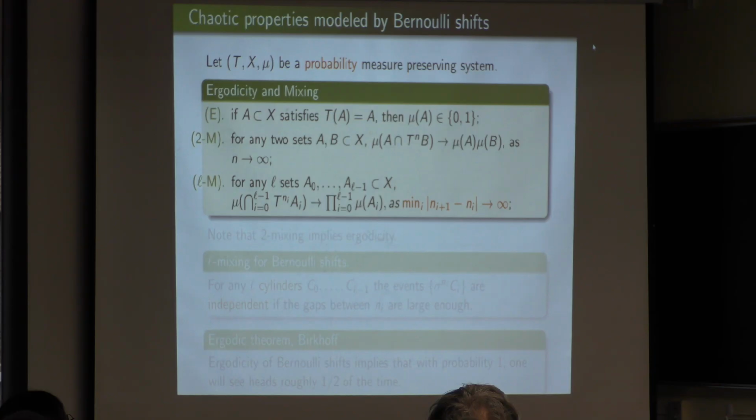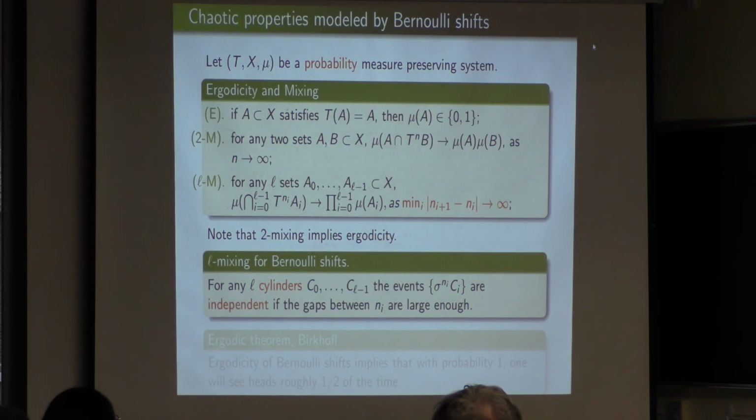And for any natural number L, you can generalize this: I take L events, A0 to A(L-1), and I want them to become asymptotically independent as the gaps between any two pushes, any two observables, go to infinity. One simple exercise that maybe you've seen: two mixing implies ergodicity. So if I have two mixing, then I will be ergodic.